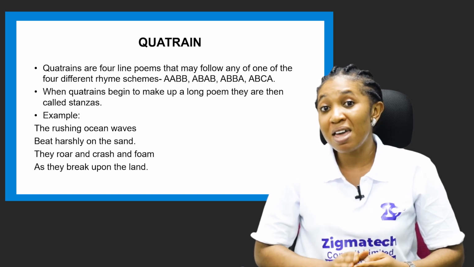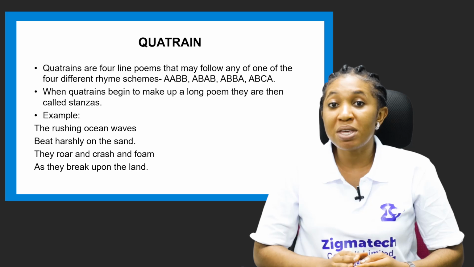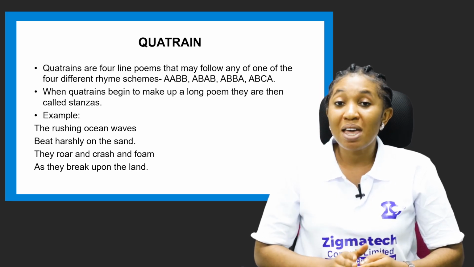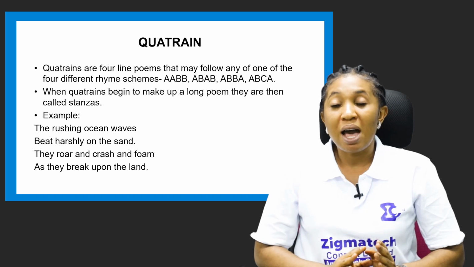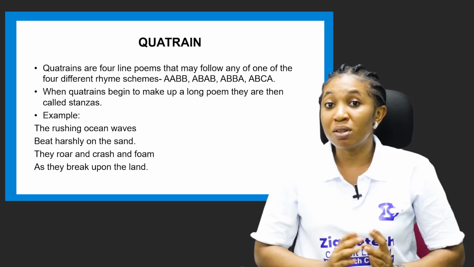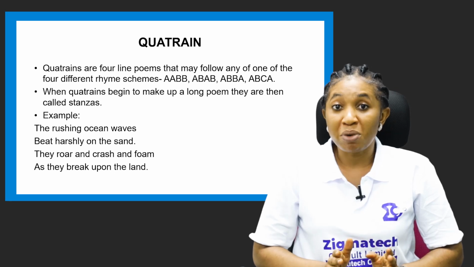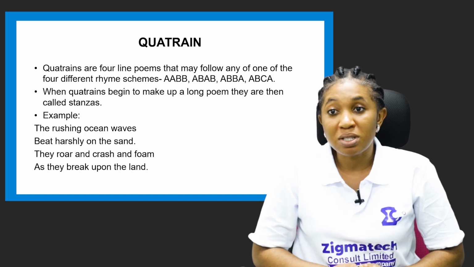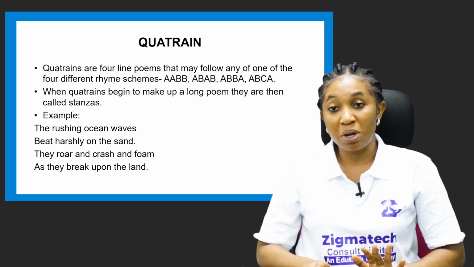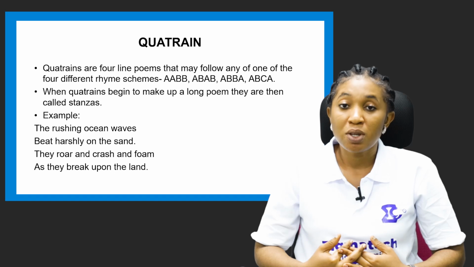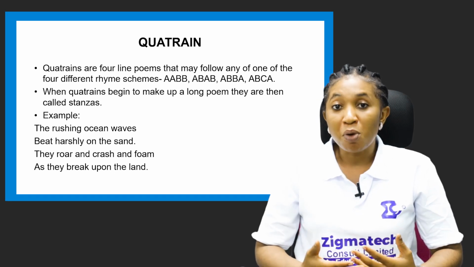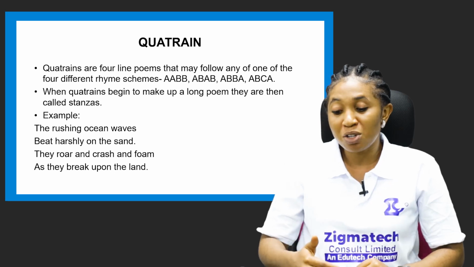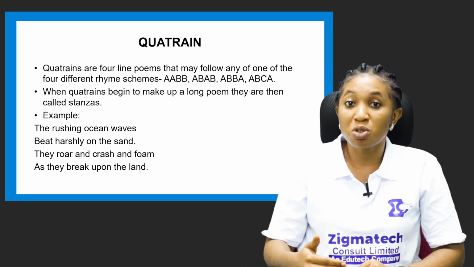We can have AABB, we can have ABAB, we can have ABBA, we can also have ABCA, as the case may be, depending on the poet's choice of arrangement of the rhyme scheme. Now, it also says that when quatrains make up a long poem, they are then called stanzas. So what this means is that each of the stanzas of a poem can be a quatrain.